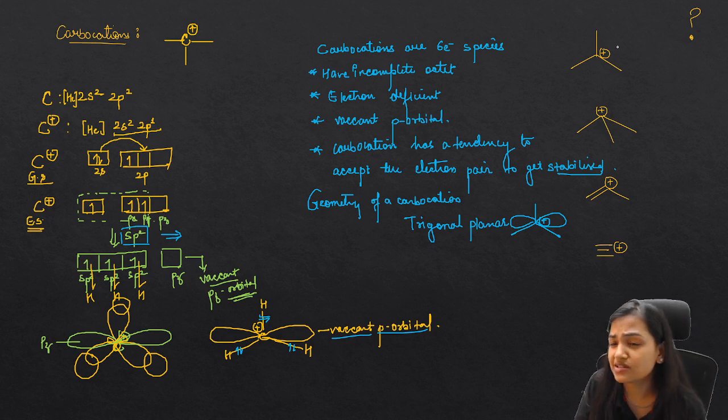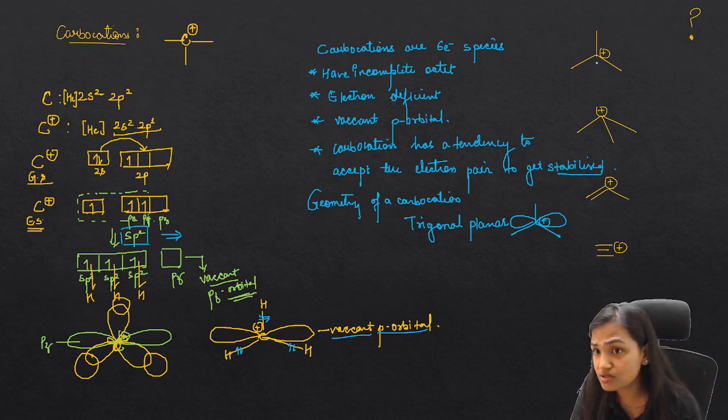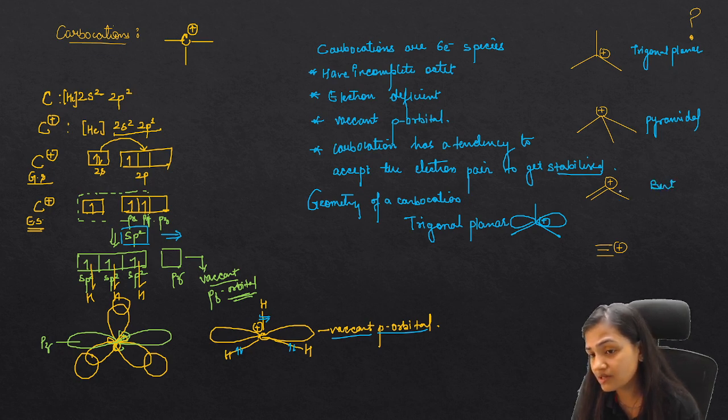So if my question is, out of all those geometries, this is also a carbocation, this is trigonal planar. If you see, this one is a kind of pyramidal. This is also a carbocation, which is something like a bent shaped carbocation with a double bond.